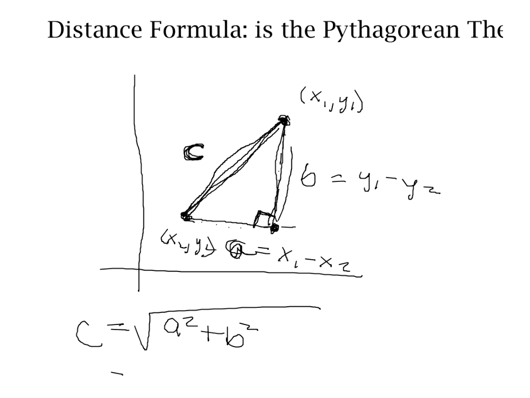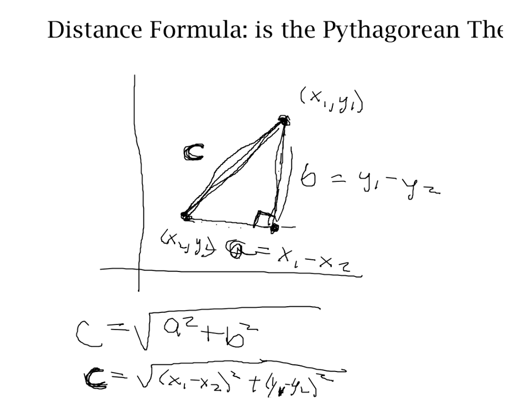So when I come down here, I can replace A with the difference and B with the difference. And so that gives me my distance, which is the hypotenuse.